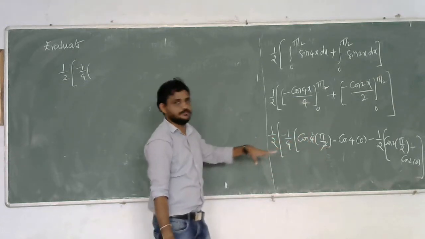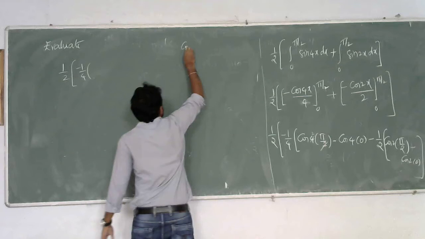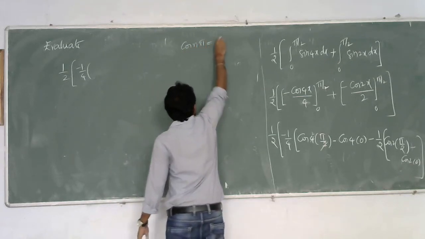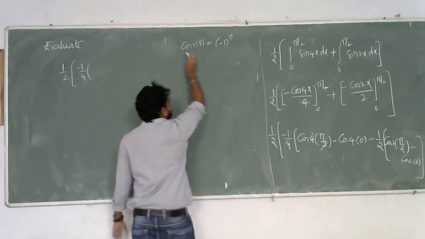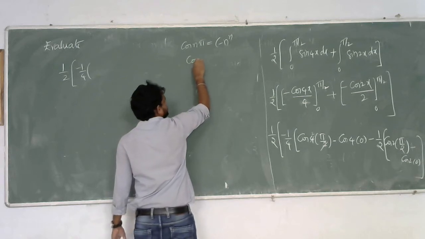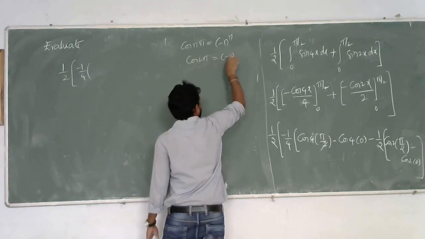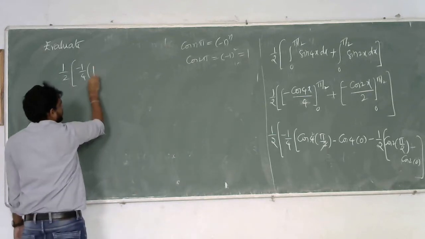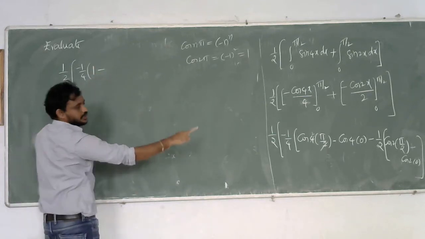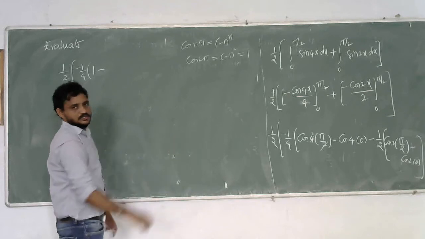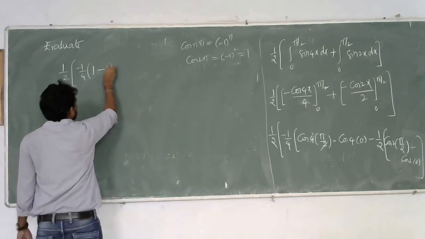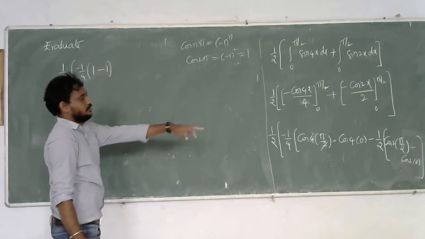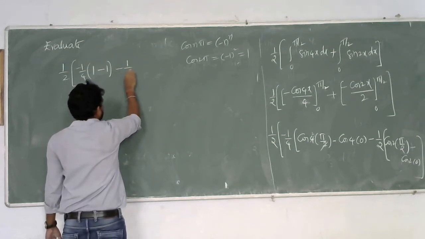We know that cos n pi value is minus 1 to the power n. Here in place of n we have 2, so cos 2 pi value is minus 1 to the power 2, which is plus 1. Then minus cos 4 into 0, which is cos 0. So cos 0 is 1.